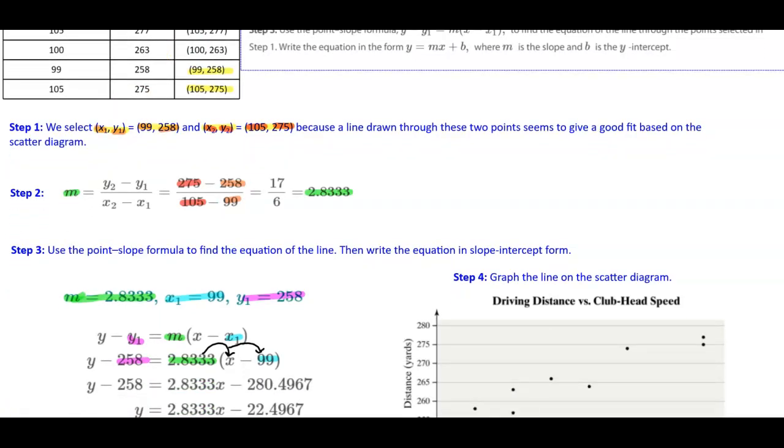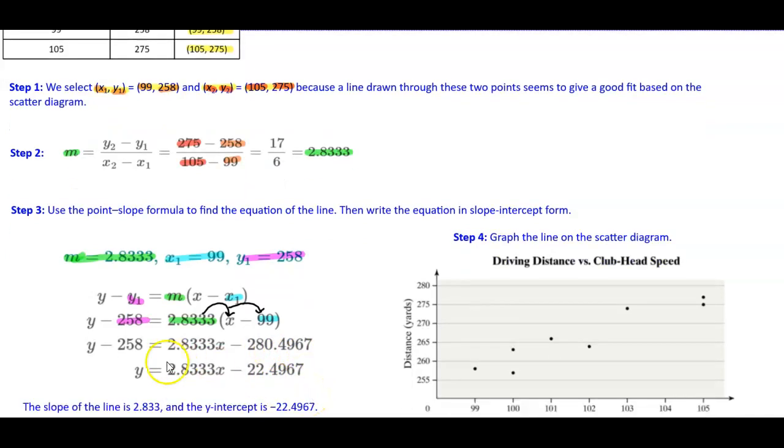When we do that, we get 2.833x minus 2.833 times 99, which is 280.4969. And then we need to isolate y. So by isolating y, we're going to add 258 to both sides of this equation.